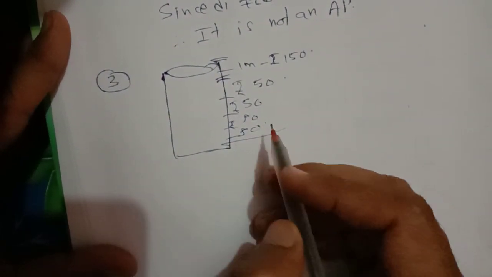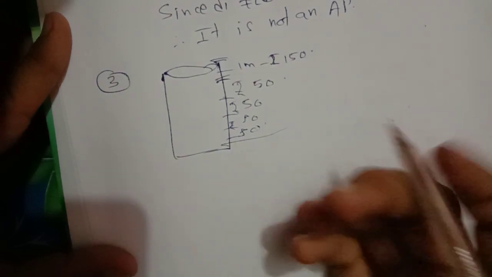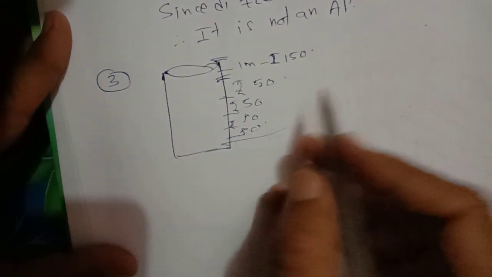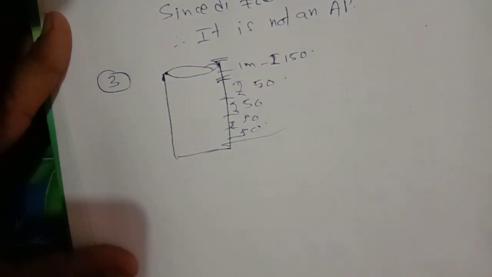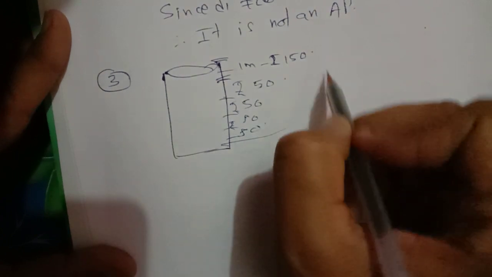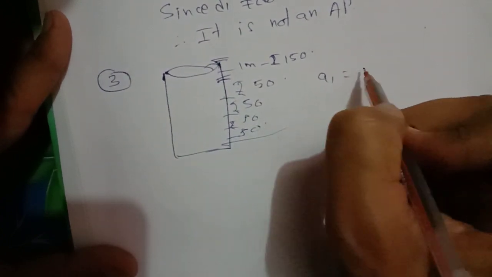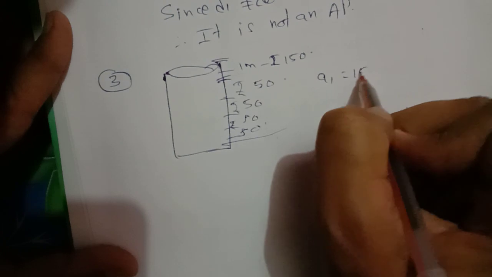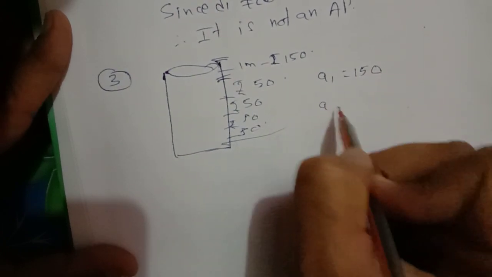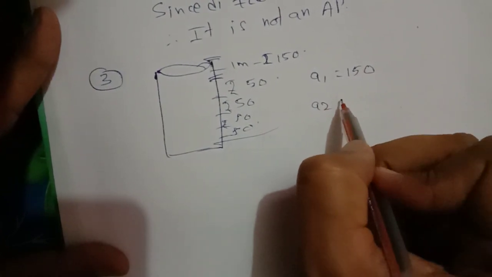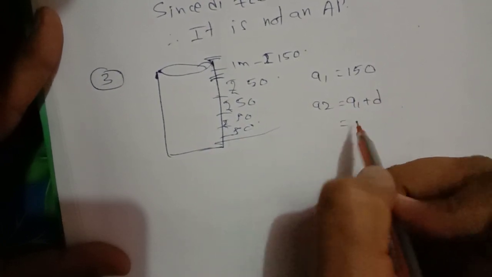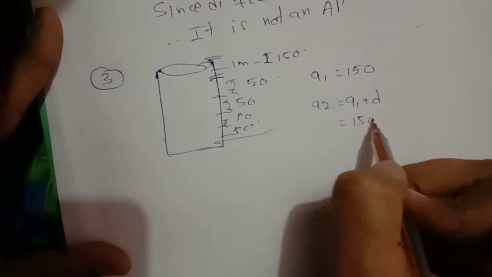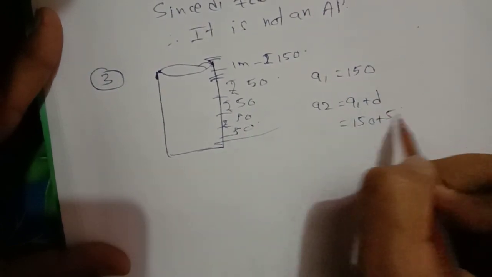So in this, very simple. Again, we have to write this A1, A2, A3. Okay, students. And then we have to see the differences. So here A1 is equal to 150. Now what is A2? A2 is equal to A1 plus D. Means A1 means 150 plus D means 50.